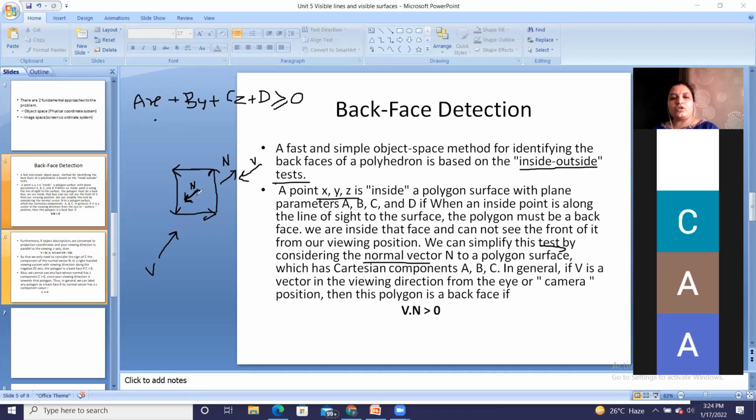So here the normal is towards the viewer only. And the example here I can show you.